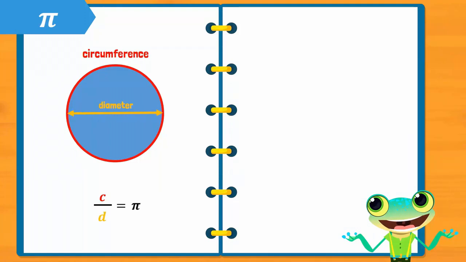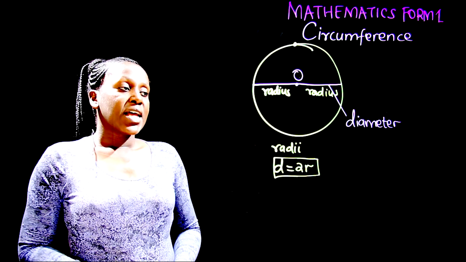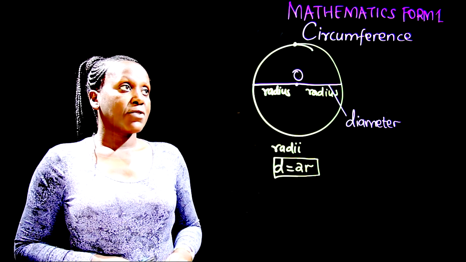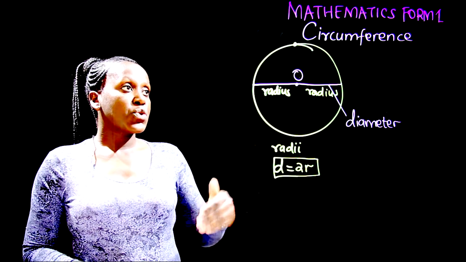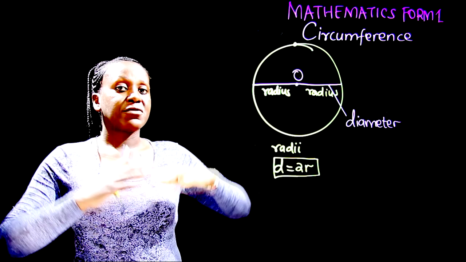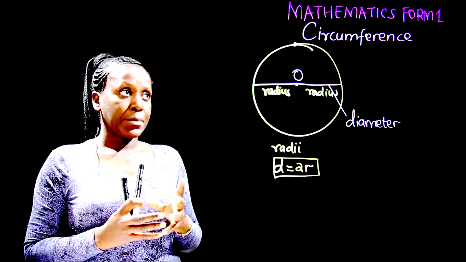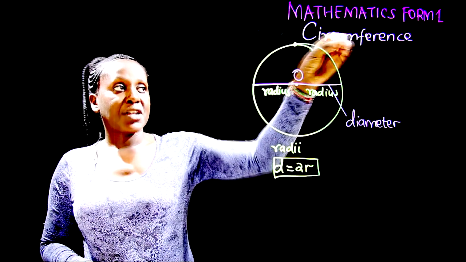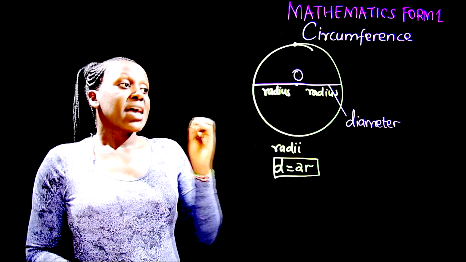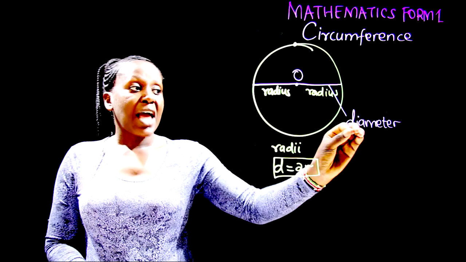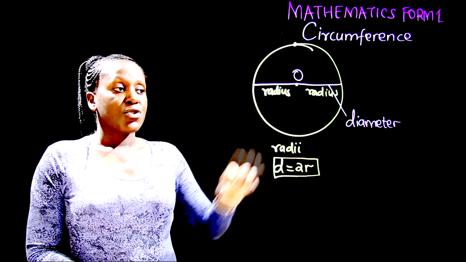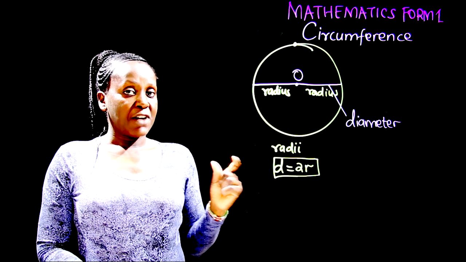Let's connect this with something we already know. In that video, you have realized that when you use circles of different sizes, and you take the circumference of each circle and divide it by the diameter of each circle, you obtain a certain value.